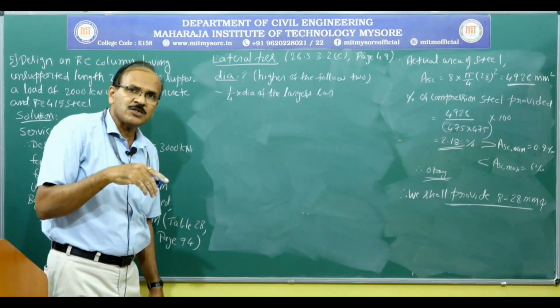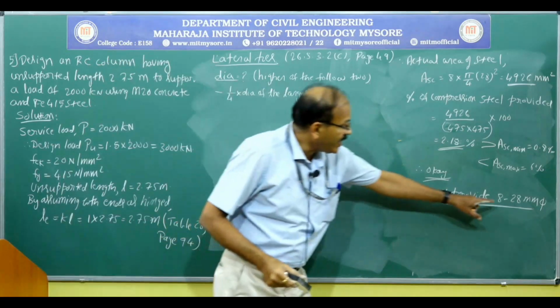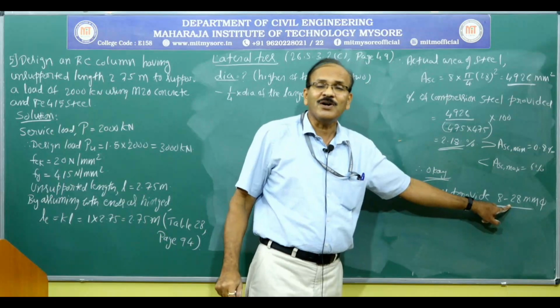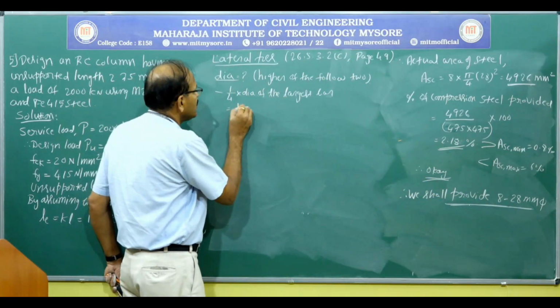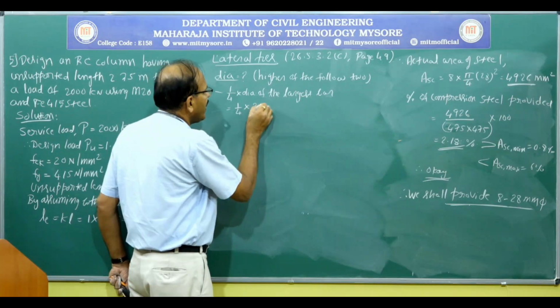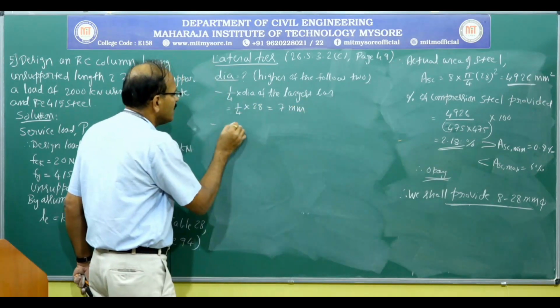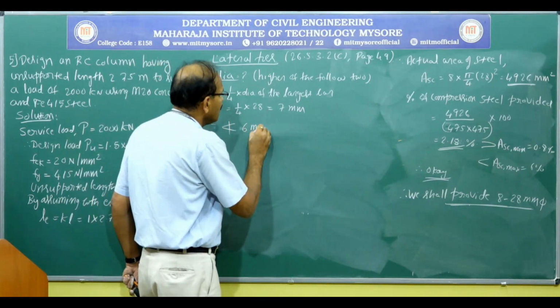So here what is the largest bar? So we have only one size. So that is 28 millimeter. So that is the largest bar, and also that is the smallest bar. So 1/4 the dia of the largest bar is 1/4 of 28, that is equal to 7 millimeter. And also the code says the dia should not be less than 6 mm.